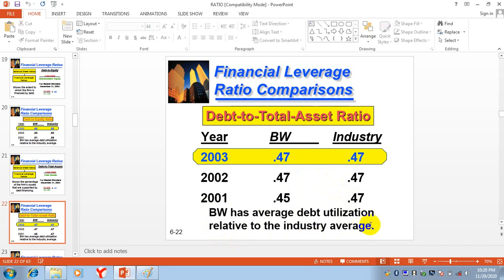But I told you, the main thing is our debt utilization. It is equal to the industry, but how much profit are you generating on this debt. So the main thing is the generation of profit, how much profit you are generating on your debt.